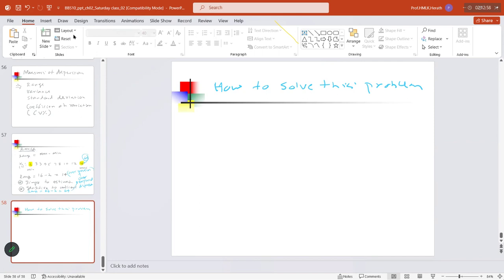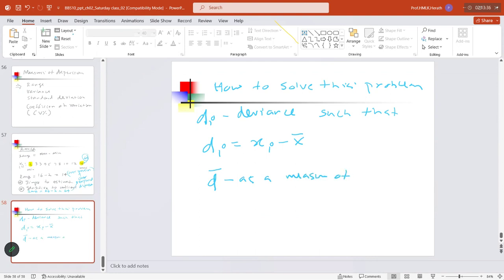So they defined something called deviance, such that di equals xi minus x bar. And they defined d bar as a measure of dispersion.